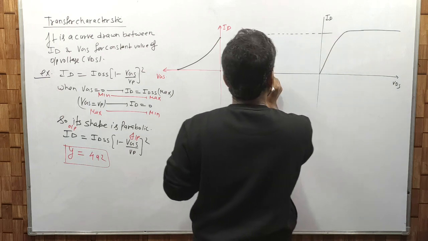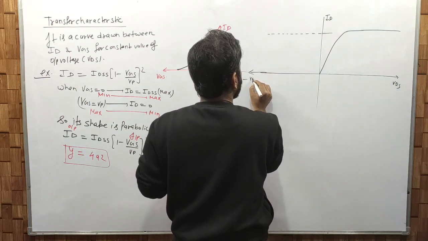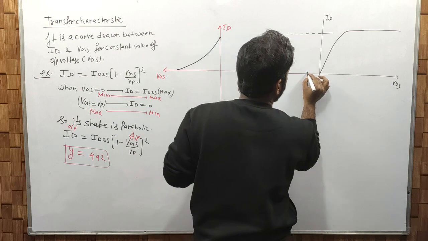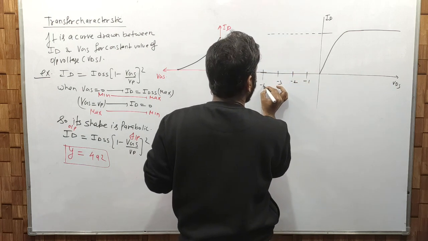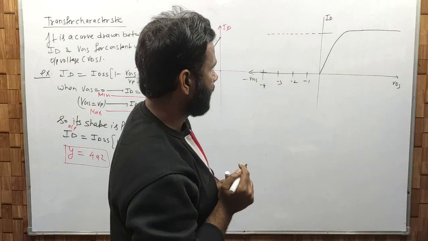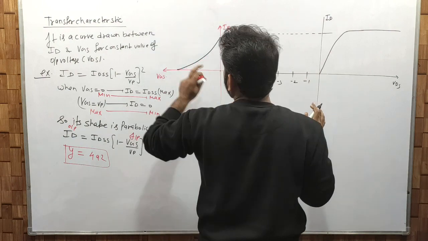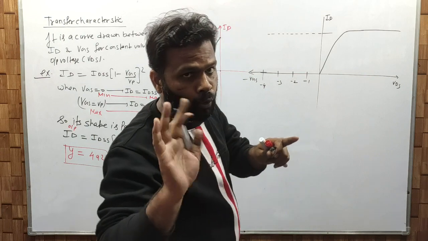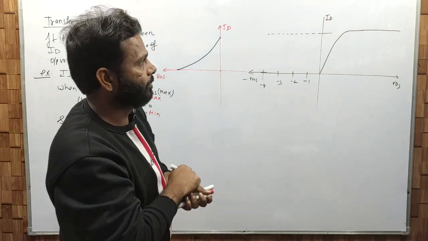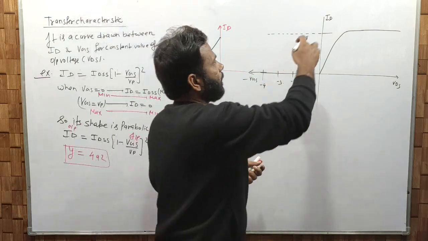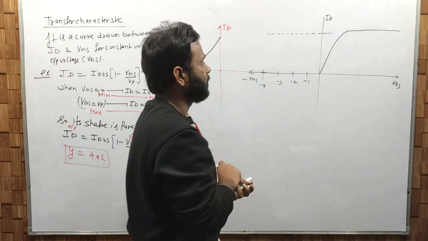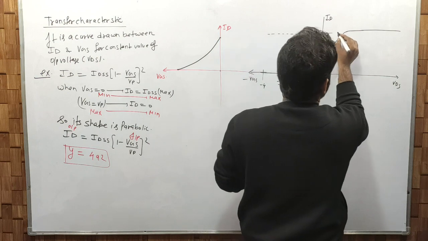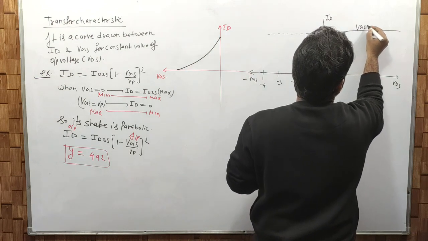Now this is minus VGS: -1, -2, -3 and -4. Now we are drawing the transfer characteristic as well as the output characteristic on the same plane. So it is ID versus VDS, that is the output curve, and ID versus VGS, that is called the transfer characteristic curve. Now this curve is when VGS is 0 volt.